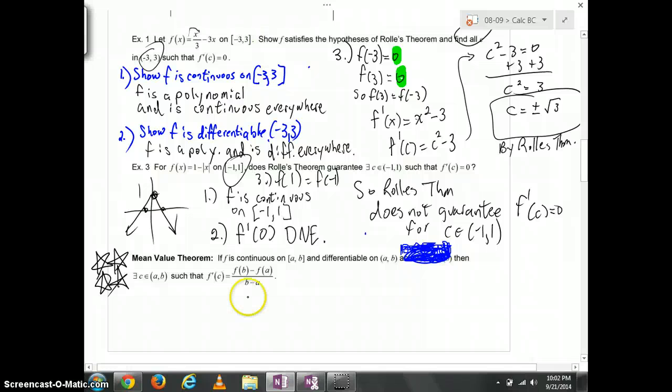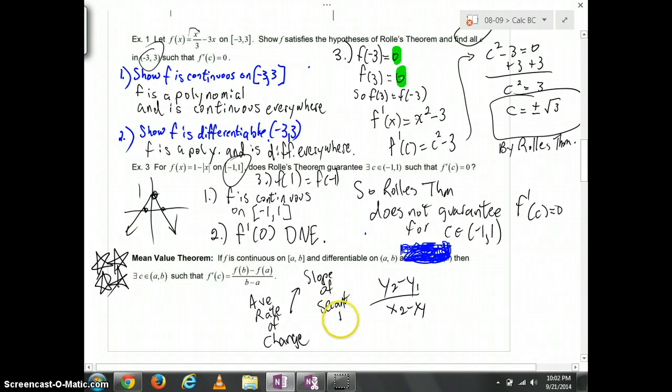I hope you remember f of b minus f of a all over b minus a is an average rate of change. It's just the slope formula, guys. It's your y2 minus y1 all over x2 minus x1. It's also the slope of a secant line.